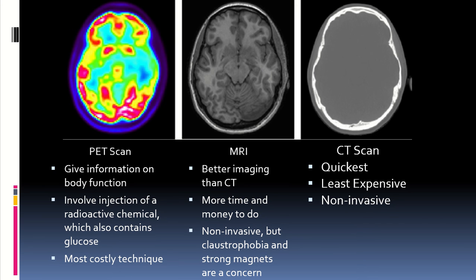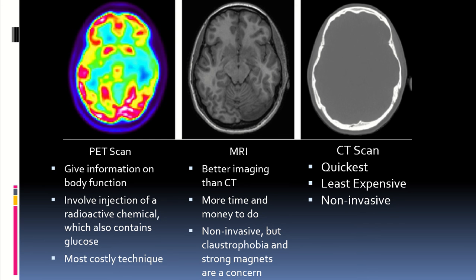And while it is beneficial in that it is non-invasive, there's no injection, this does involve sticking a person into a large magnet, and if that person has claustrophobia, then that can make it difficult for them to undergo an MRI scan, as well as the fact that spinning a large magnet is very noisy.